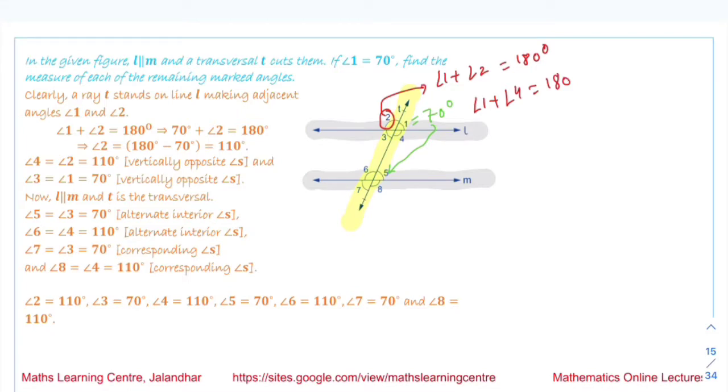So angle 1 is 70 degrees, which implies that angle 2 is equal to angle 4 is equal to 180 minus 70, that is 110 degrees.